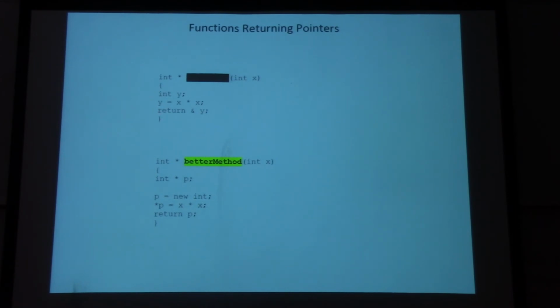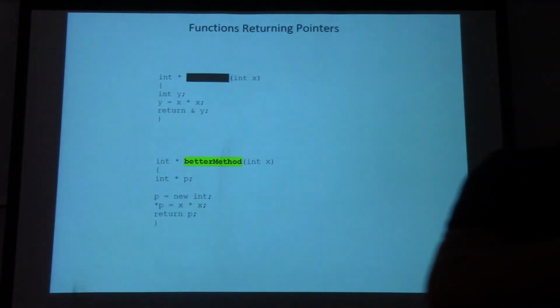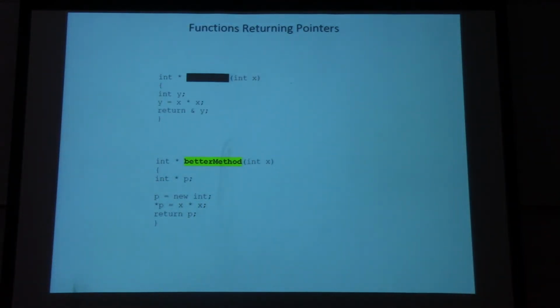Where is y actually allocated? On a stack frame. The stack frame associated with bad method. What happens when we return from this method? We go back to the previous one.